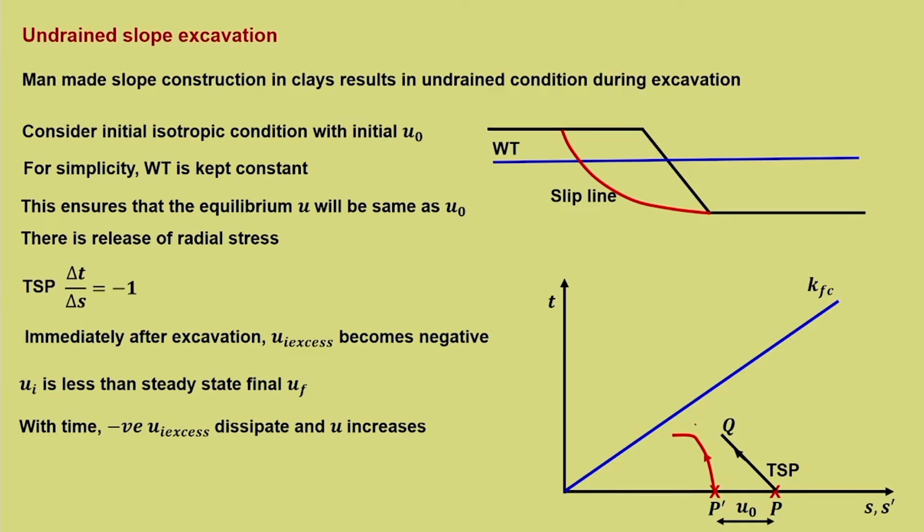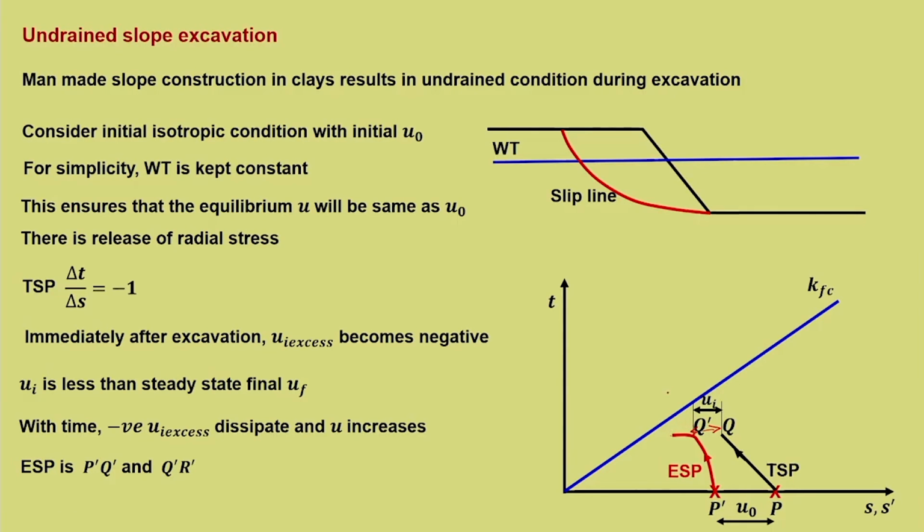So, this is the point where there is an initial pore water pressure UI. So, this UI is generally less than U naught, and this is the final point of effective stress path.